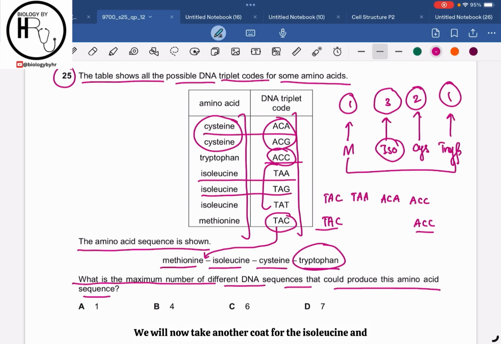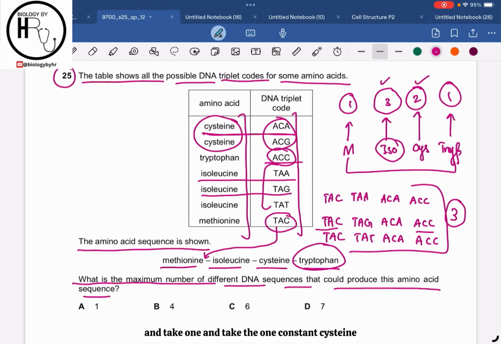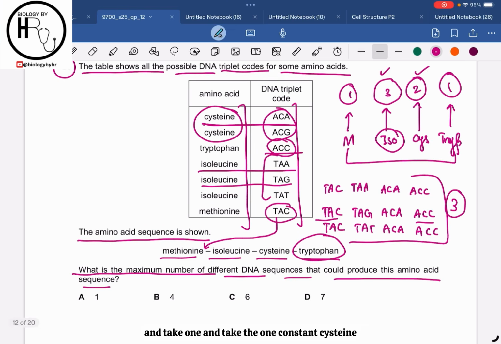We will now take another code for the isoleucine and keep the first cysteine code, because we have to make the possibilities. Then for the third we will do TAT, then cysteine ACA, and then tryptophan is just one, so ACC. So these are the three possibilities that are made if we change the isoleucine and keep the cysteine constant.